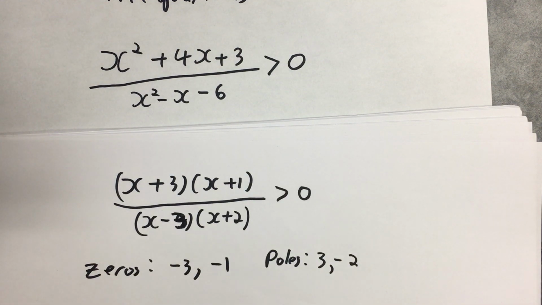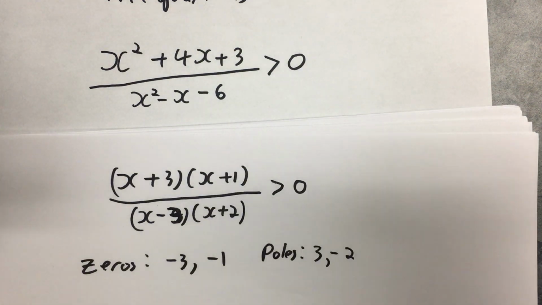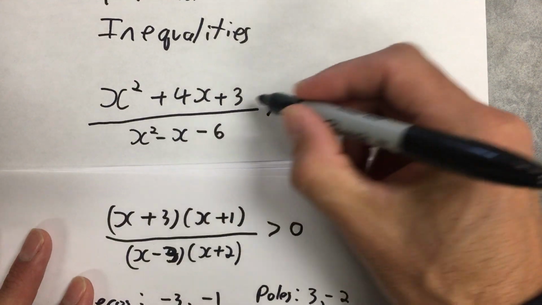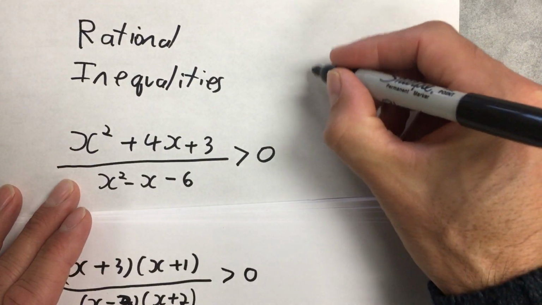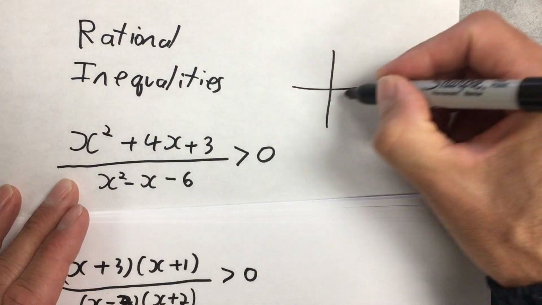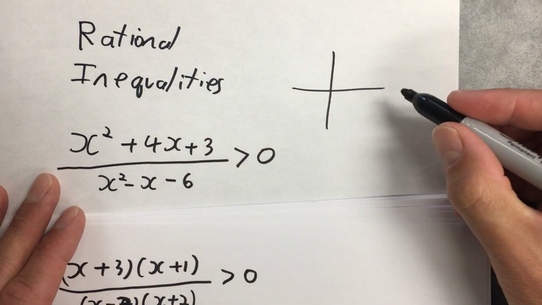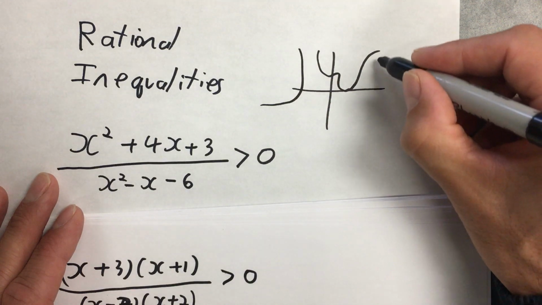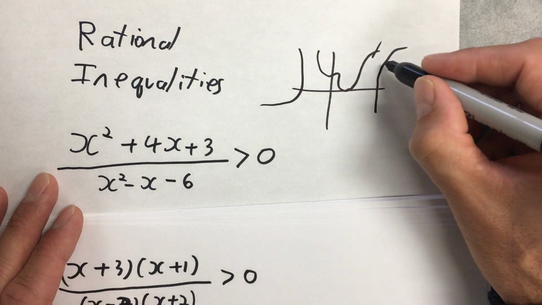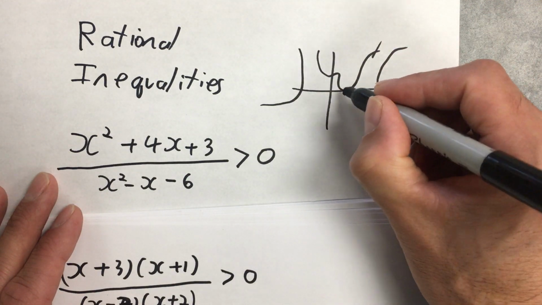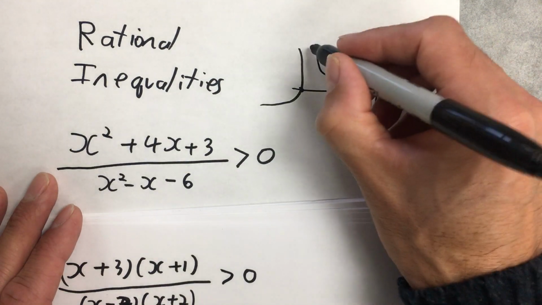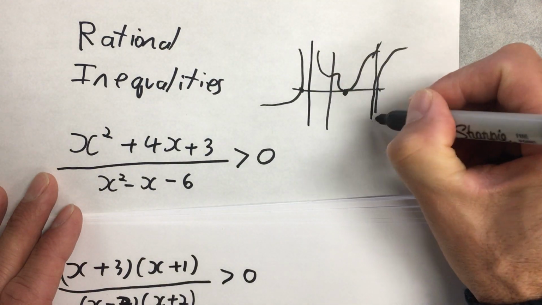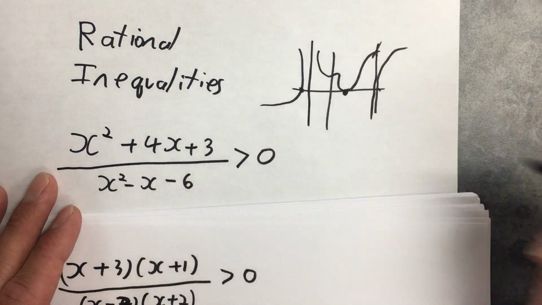And the reason why they're of interest is when I go to graph this rational function, it might look something like this. The points of interest are going to be the zeros, where it hits the x-axis, and the asymptotes, and I determine the asymptotes by the poles.